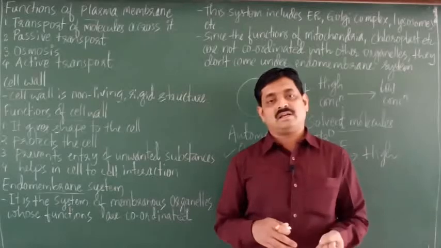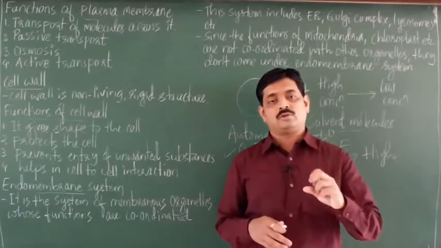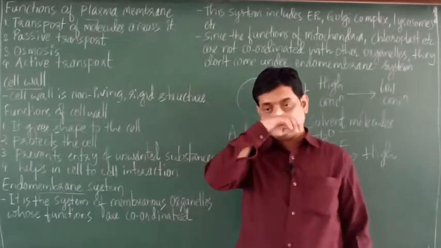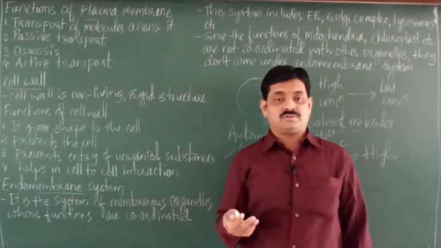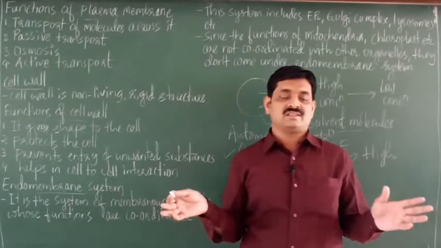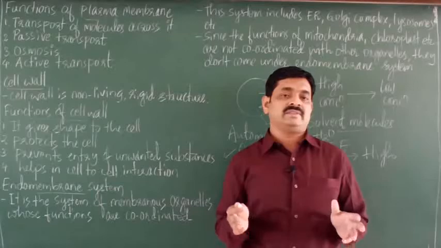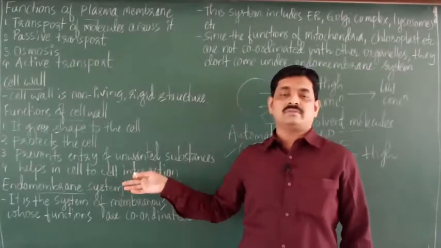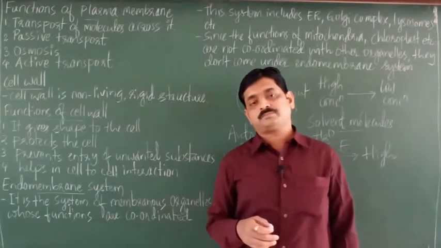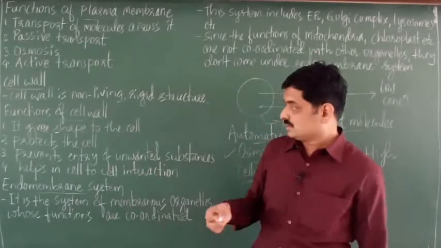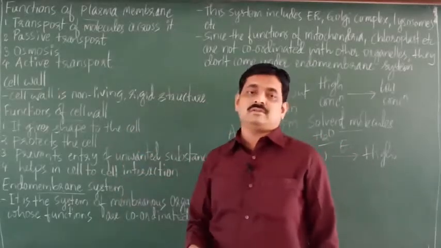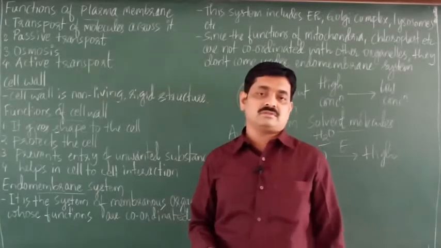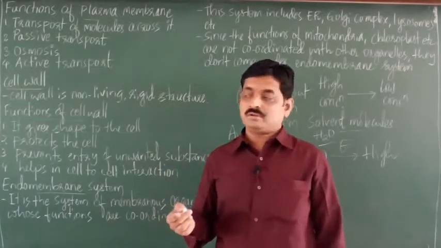So plasmodesmata are located on the cell wall, and with the help of plasmodesmata there is cell-to-cell interaction. Two adjacent cells are connected by these plasmodesmata. So these are the important functions of a cell wall. You may expect the question, what is cell wall? Write the functions of cell wall.